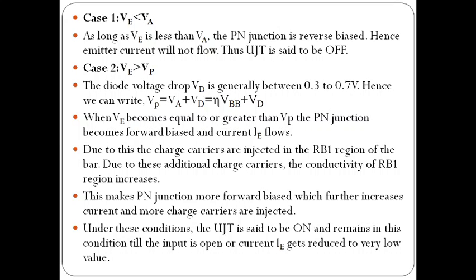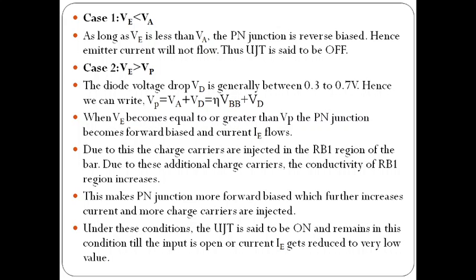The injected holes in the n-type bar are always moving towards the B1 terminal, because the B2 terminal is connected to the positive of the battery. So the injected holes are repelled by the positive of the battery and are accumulated towards the B1 region.